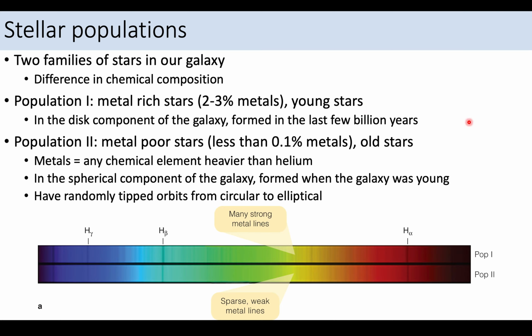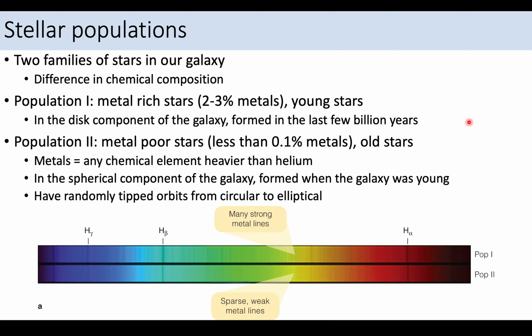Population 1 stars are generally very young stars that are metal rich, meaning there's a lot of metal within the star. A lot of metal being 2 to 3%. So it's only 2 to 3%, but that's a lot compared to population 2 stars. These population 1 metal-rich stars are pretty much always in the disk component of our galaxy, so they are relatively young. They're still within that disk.